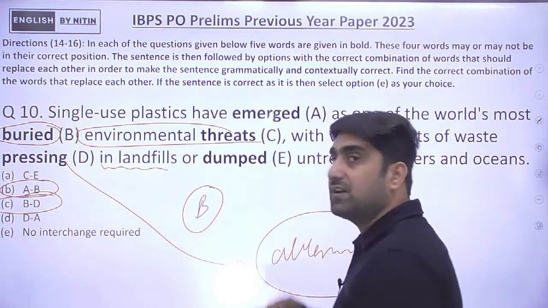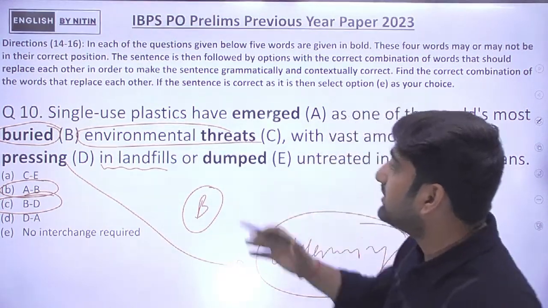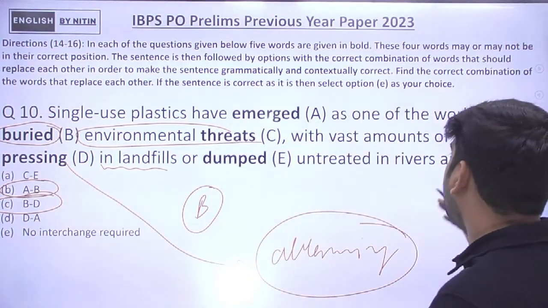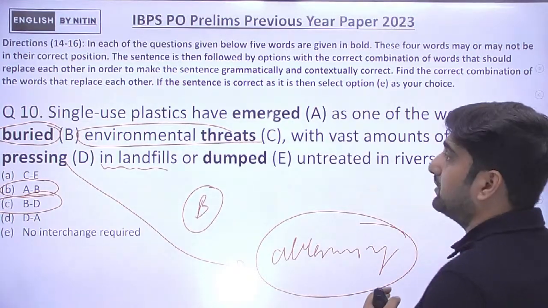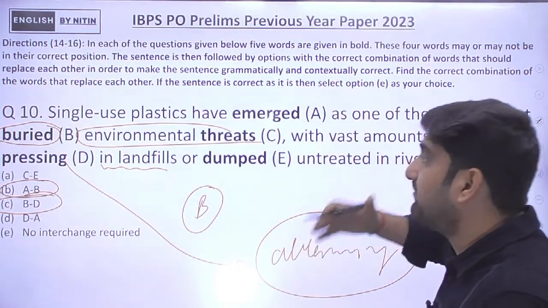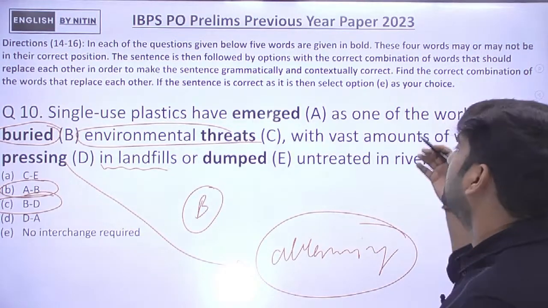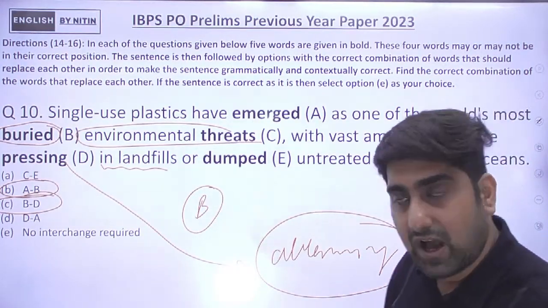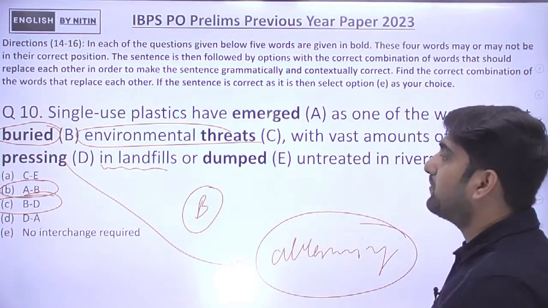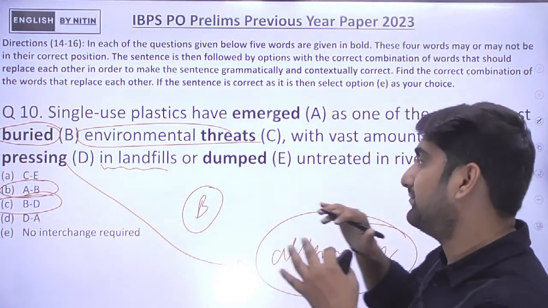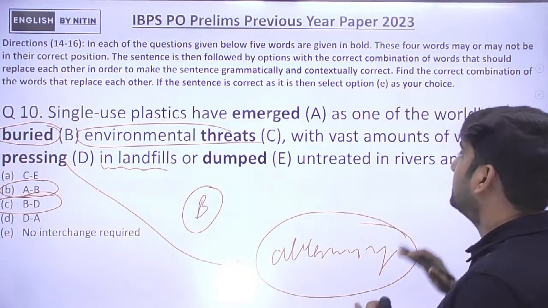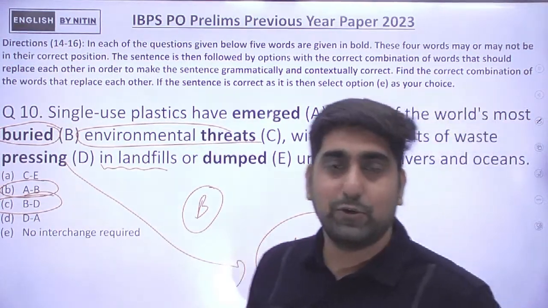So single-use plastic has emerged as one of the most alarming environmental threats, meaning pressing environmental threat, need of the hour, with vast amounts of waste buried in landfills or dumped untreated in rivers and oceans.